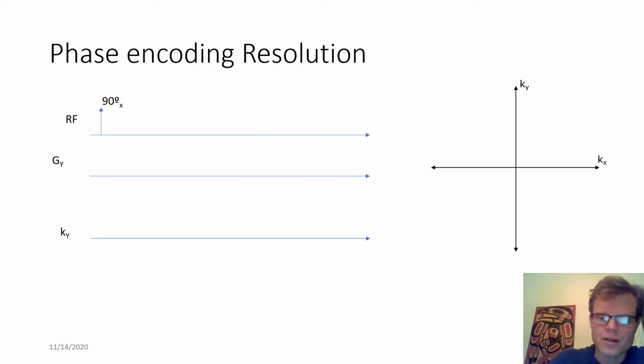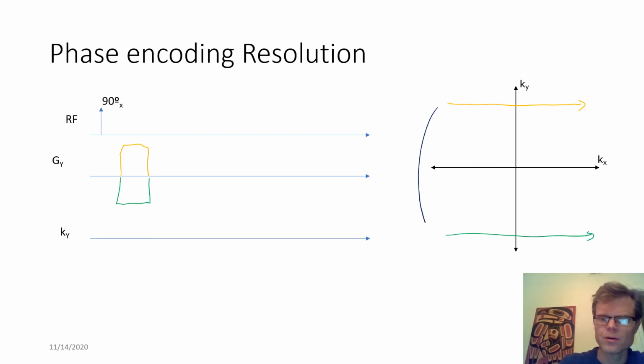Okay, so for defining the resolution in our phase encoding dimension, we want to know actually our two extremes: when we sample one edge of K-space, and when we sample the other edge of K-space, we need to know what is this distance, what is the width in KY.